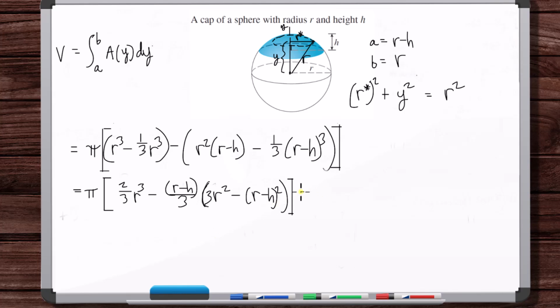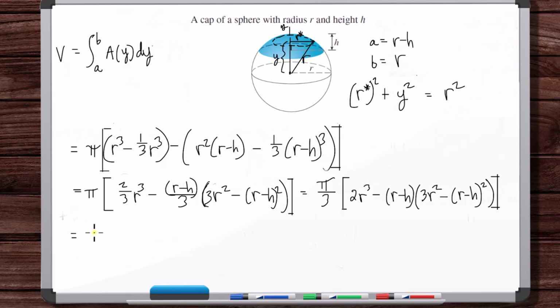Now we can factor out a 1/3 from the entire equation, and we've got 2r cubed minus r minus h, like that. So now it will be easier to simplify.